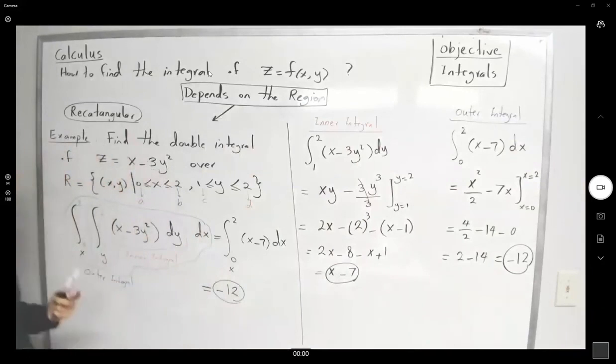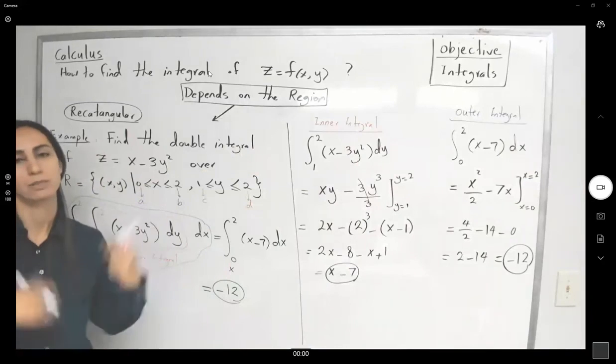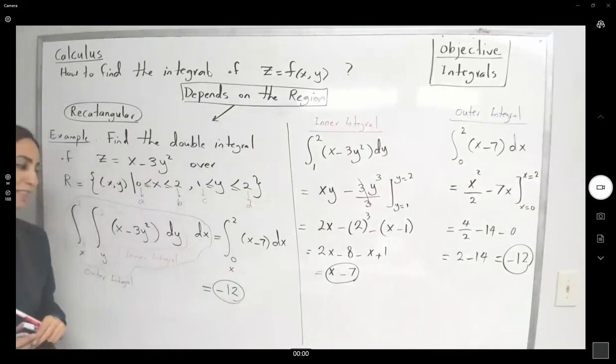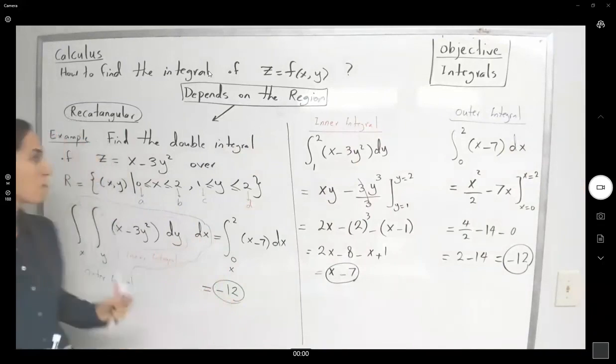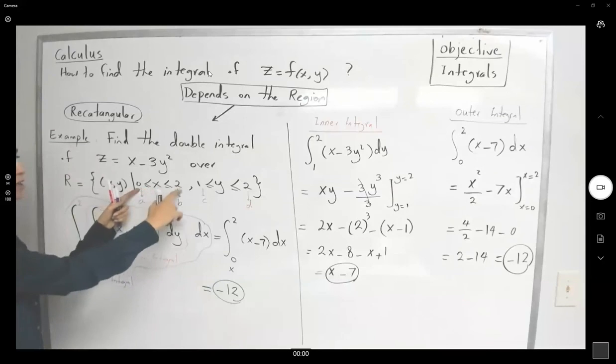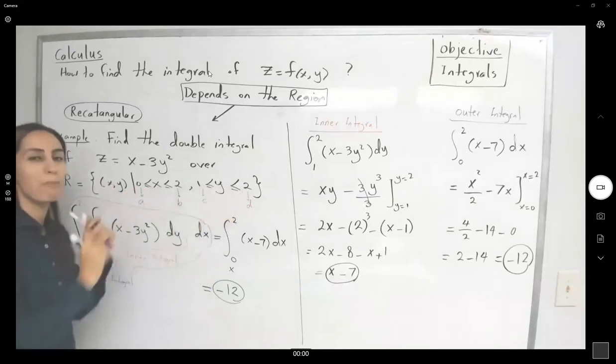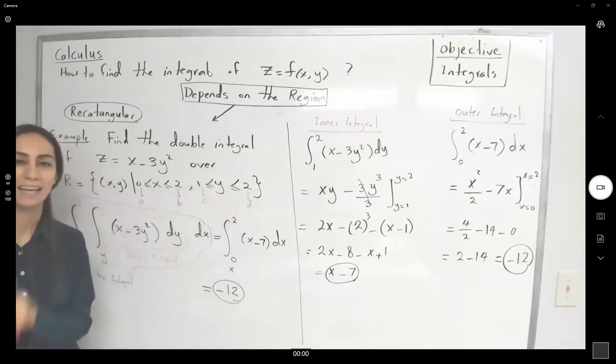It doesn't matter if you take the integral with respect to x and then with respect to y, or with respect to y and then with respect to x. You get the exact same answer. Why is that? Because we have constant boundaries for x and y.